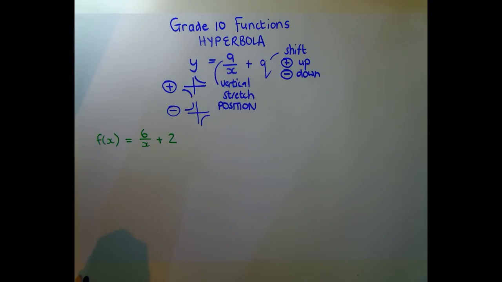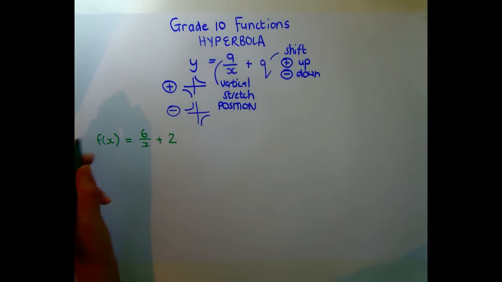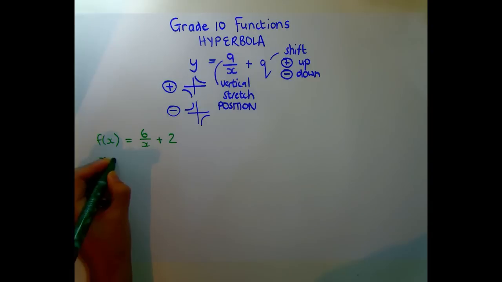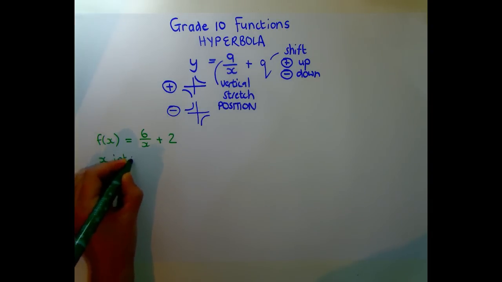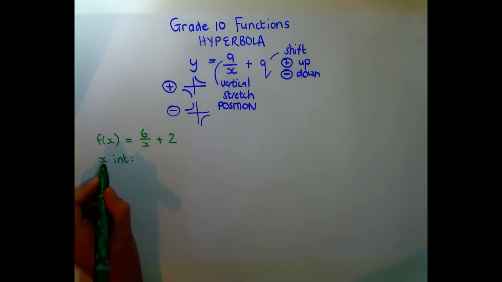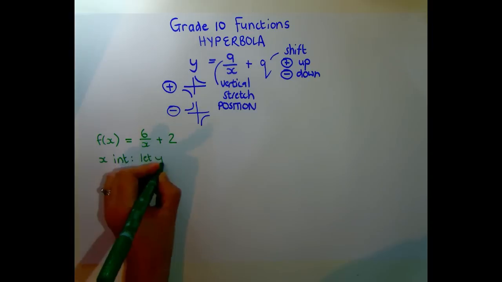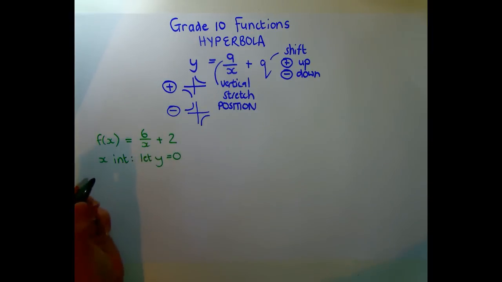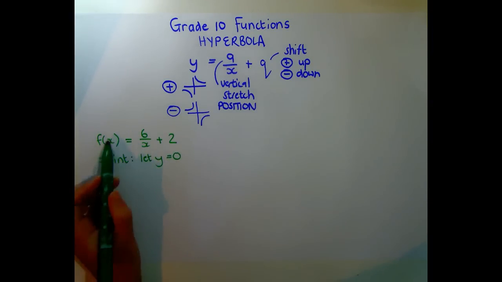As usual, we need to know where the intercepts are to be able to draw the graph. So for this one, we're going to find the x-intercept, which means we let y equal 0. So that means that this graph equals 0.